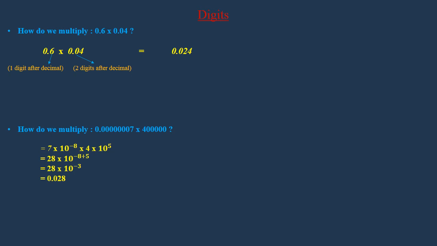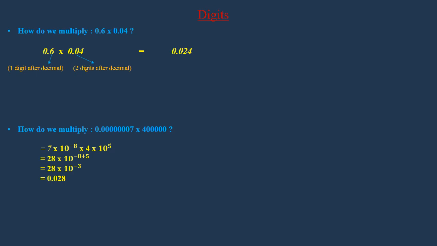Now how do we multiply 0.00000007 into 400,000? Let us write it down in powers of 10. As the first number has 8 digits after the decimal point, we can write it as 7 multiplied by 10 raised to the power minus 8.